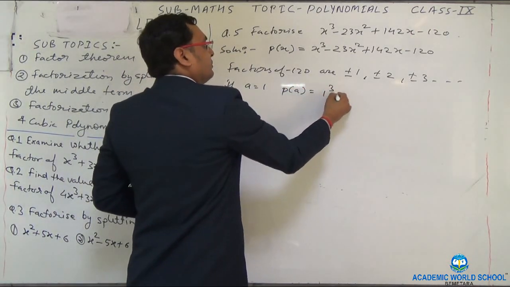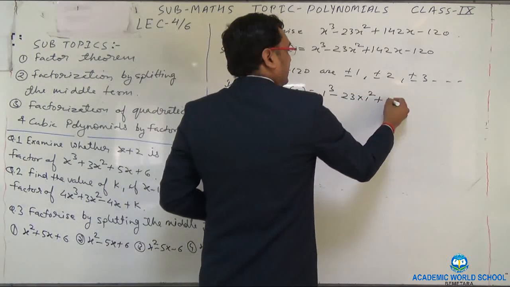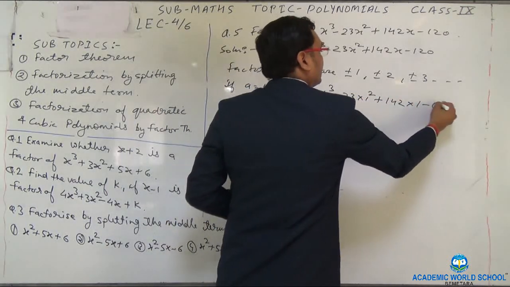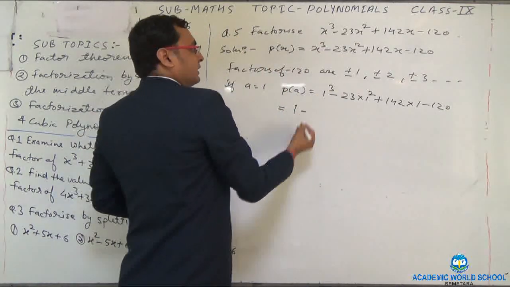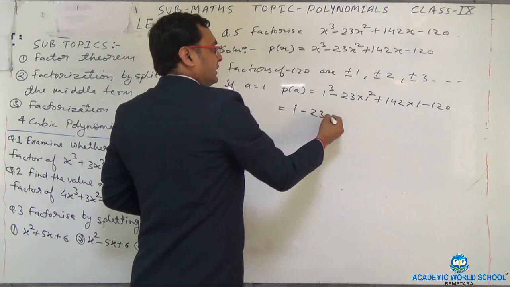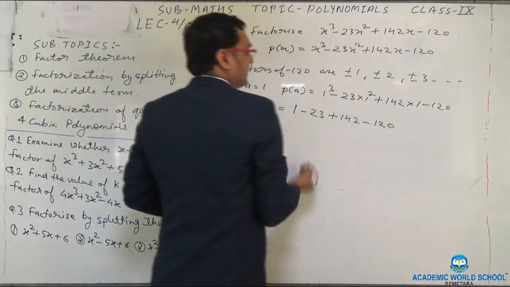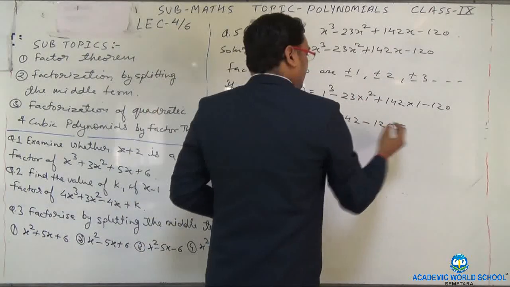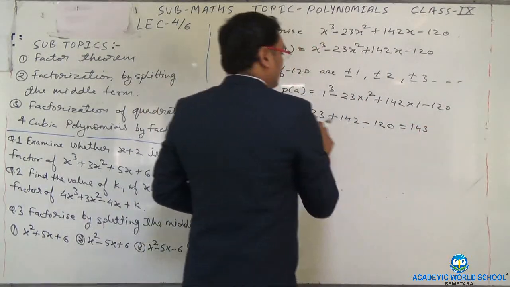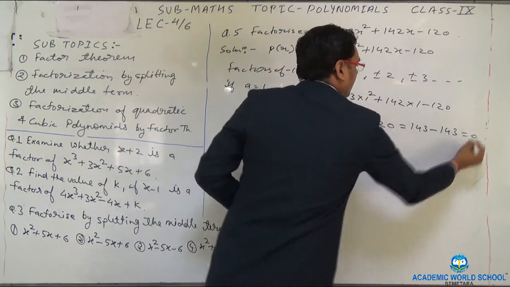It is 1 cube minus 23 into 1 square plus 142 into 1 minus 120. Solve it. 1 cube is 1, minus 23, plus 142, minus 120. That is equal to 142 plus 1 is 143, minus 23 minus 120 is minus 143, that is equal to 0.